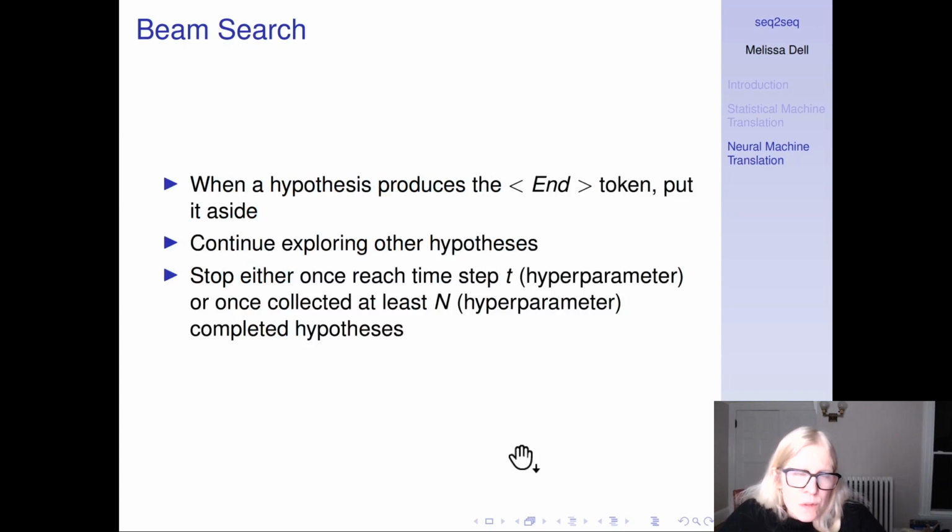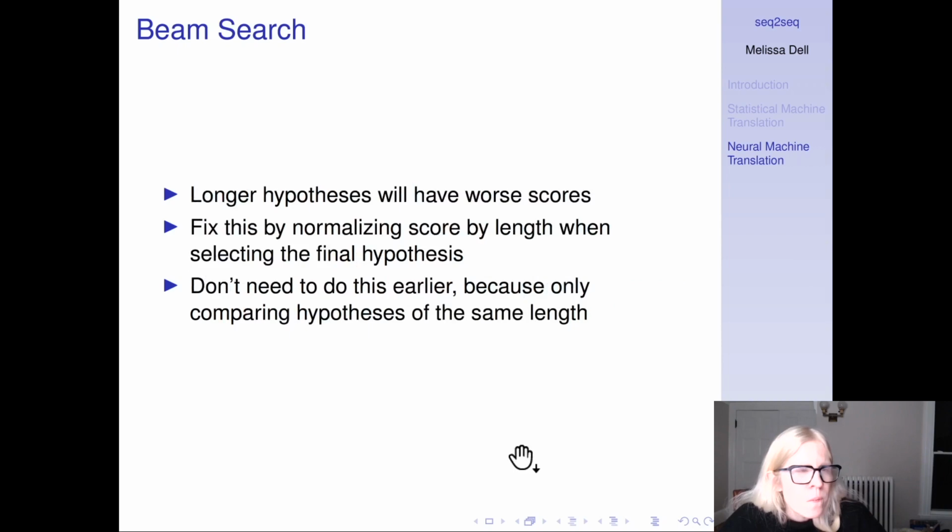When a hypothesis produces the end token, you put it aside and you continue exploring other hypotheses, and you stop either once you reach time step T, which is a hyperparameter that you would choose, or once you've collected at least n completed hypotheses, which is again a hyperparameter that you would need to choose. Longer hypotheses will have worse scores. You could fix this by normalizing scores by length when selecting the final hypotheses.